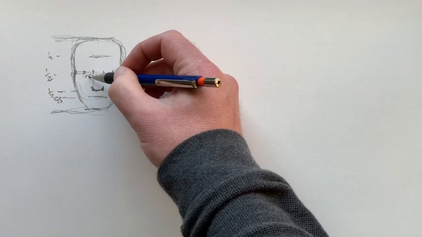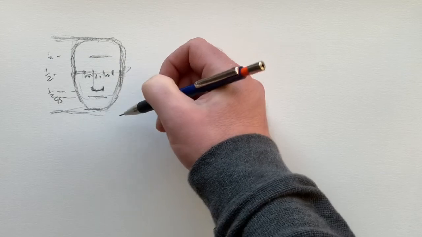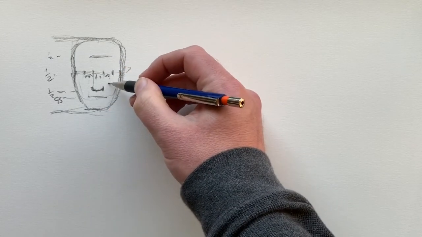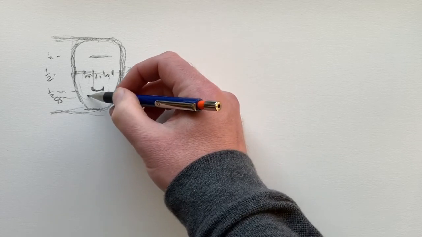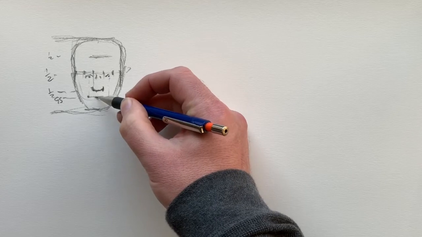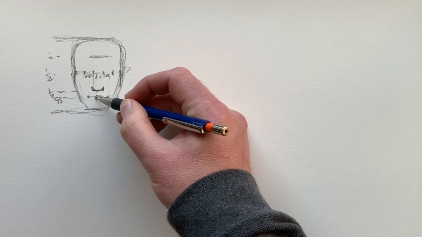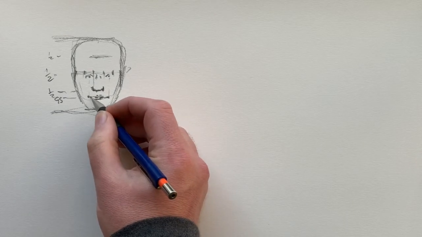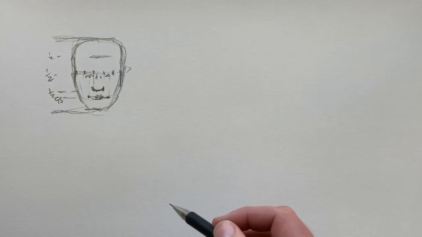If we think about roughly where the pupils would be, which will be roughly the centre of each of those, and again draw some lines straight down from the pupils, that gives us the width of the mouth to those dark points on either side.